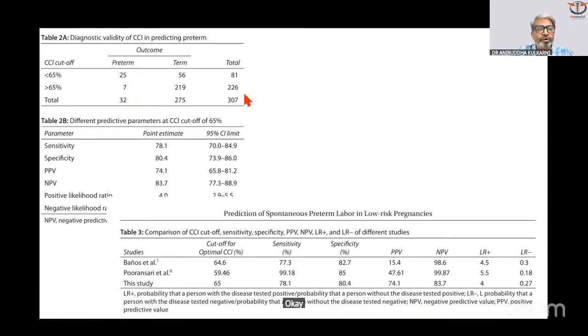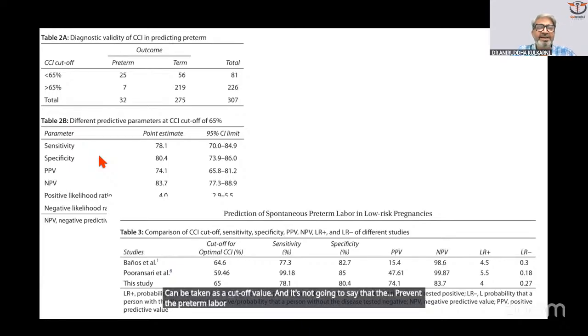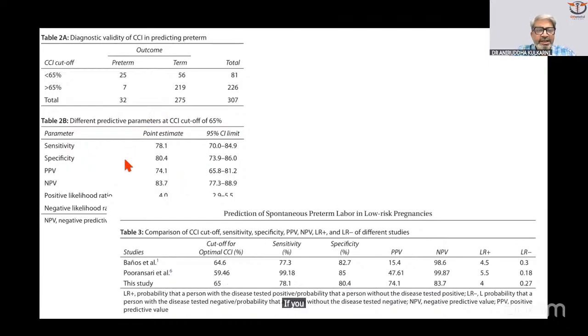In total 307 cases. So in all, we can say that 65% can be taken as a cutoff value. It's not going to say that we prevent preterm labor, but definitely the risk factor can be assessed with that. The sensitivity and specificity are still good, more than 75 to 80%.